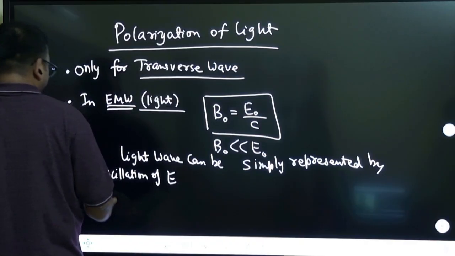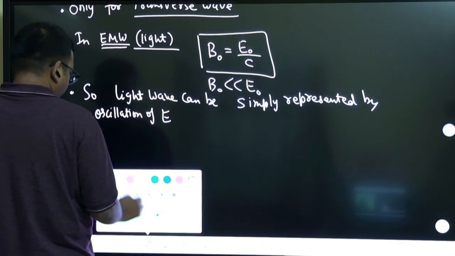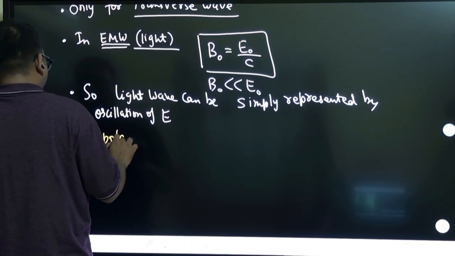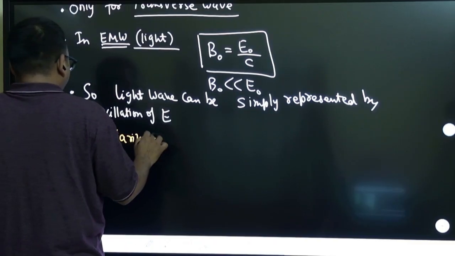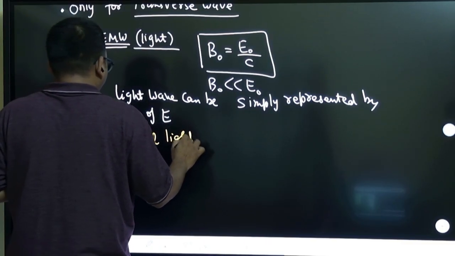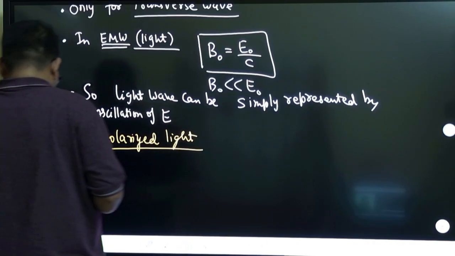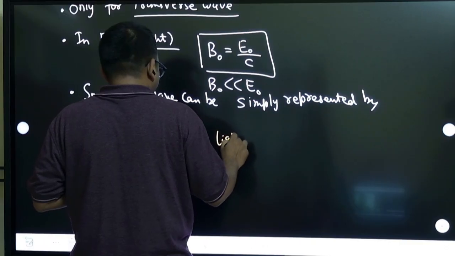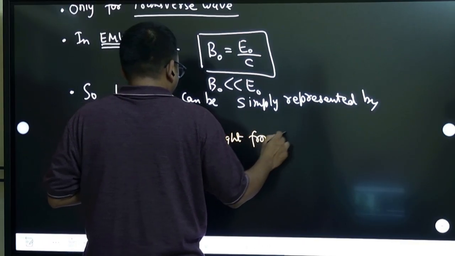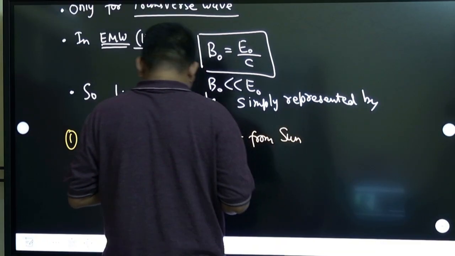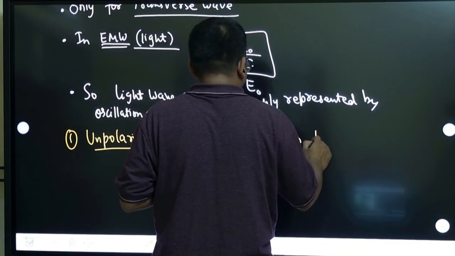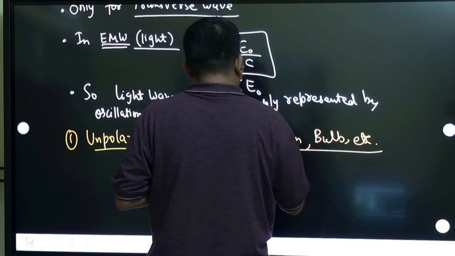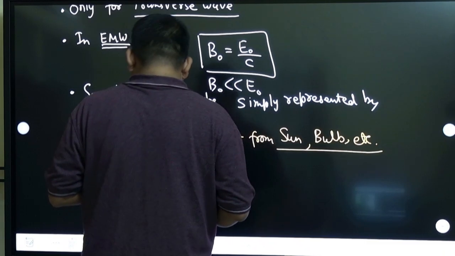Now let us understand what is called unpolarized light. Light from the sun or a bulb, etc., these lights are called unpolarized light. Why?